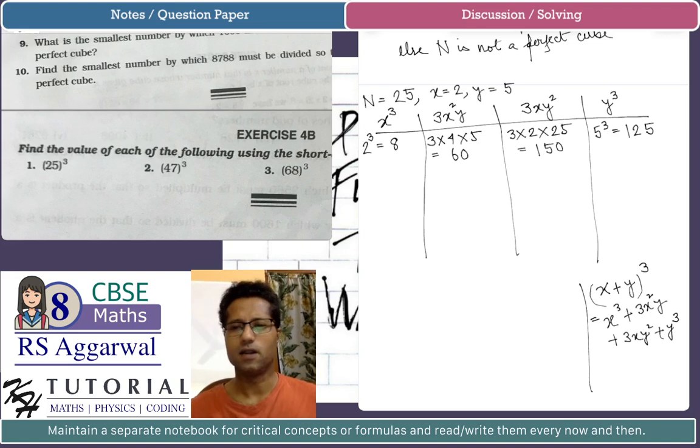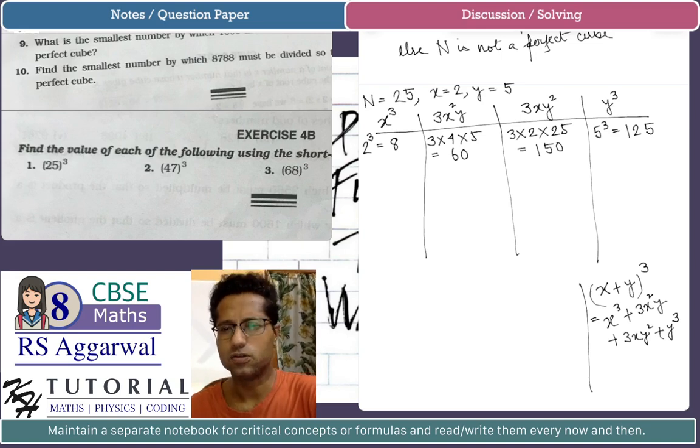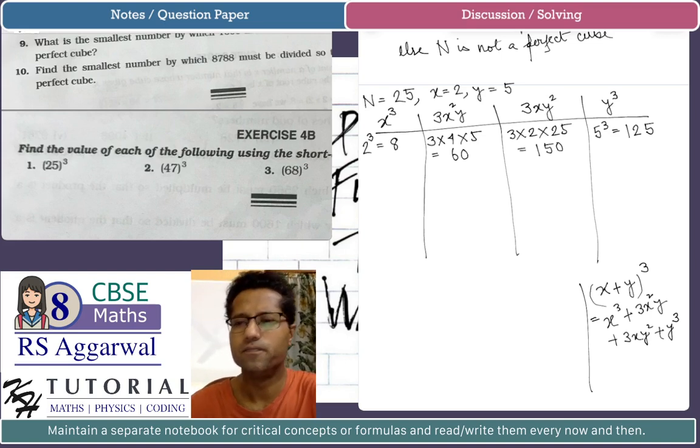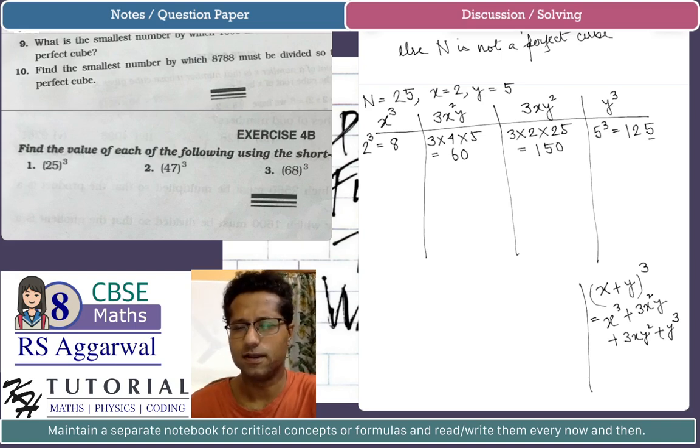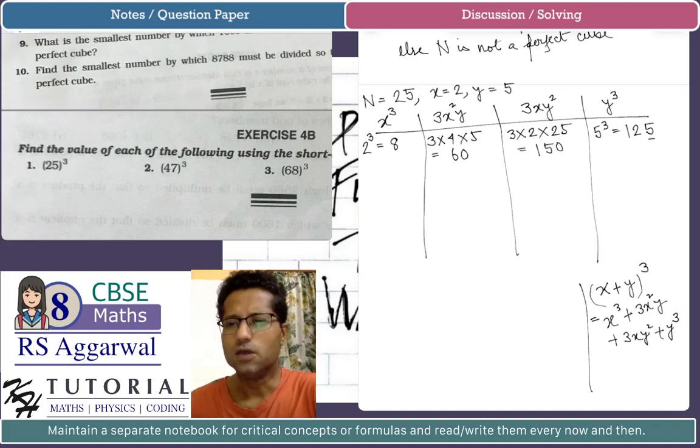Now I will start from the fourth column, from the rightmost column, y cube. The value of the y cube is 12,125. You underline, mark the digit at the units place, that is 5. And you see that there are more digits left, that is 1 and 2. I am double underlining the other digits apart from the units digit.